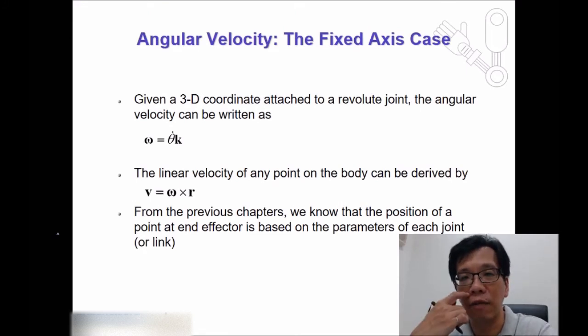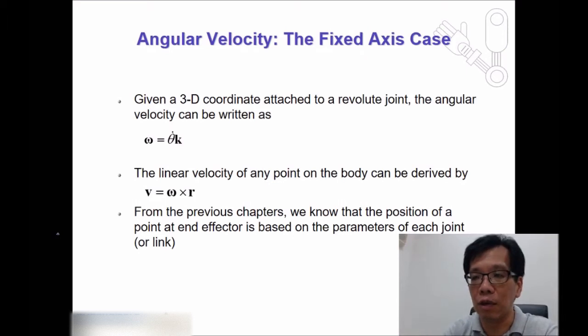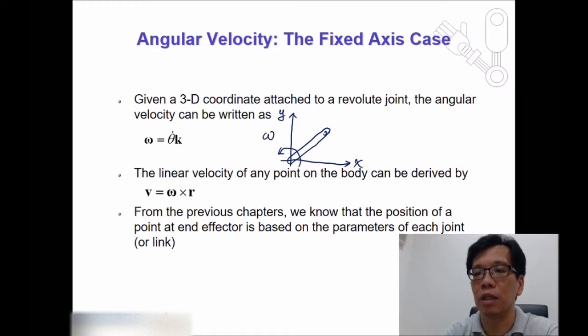If we project everything onto a two-dimensional plane, x and y, and we have a bar, which is a rigid body. When this one starts to rotate at omega, the angular velocity, then we can find out the linear velocity at this point is going to be in this direction.